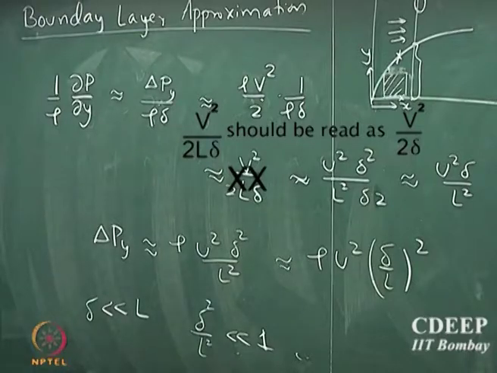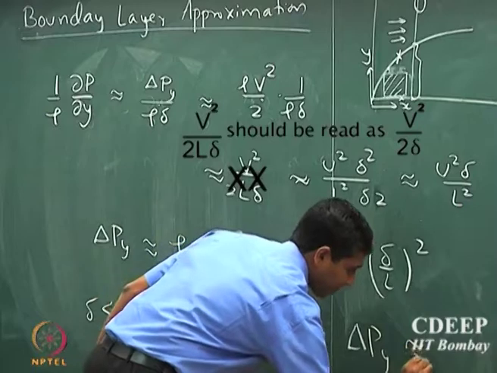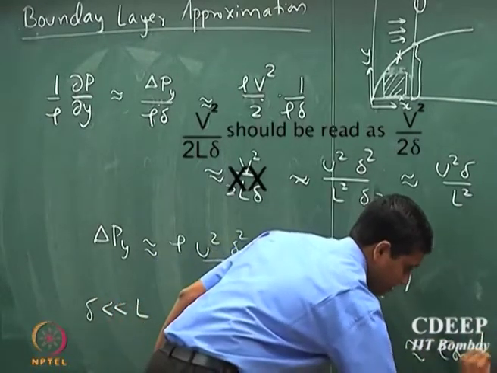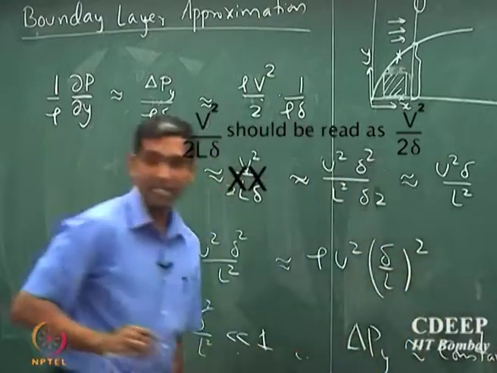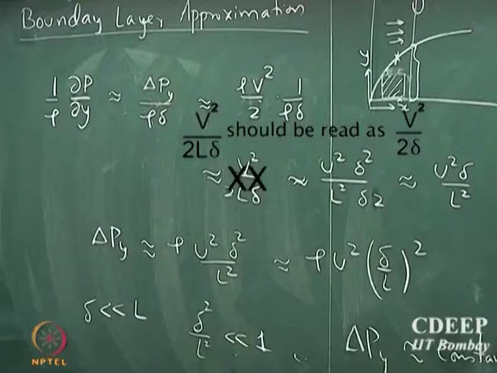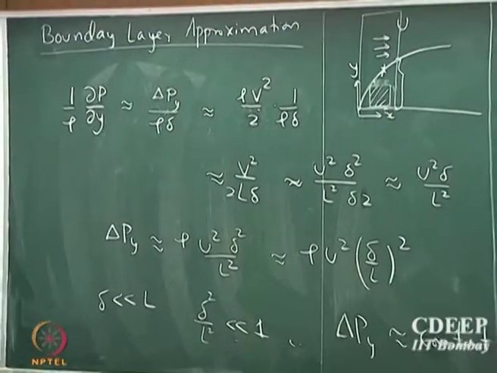So you expect that the delta P in the y direction, the pressure change in the y direction, should remain approximately constant.